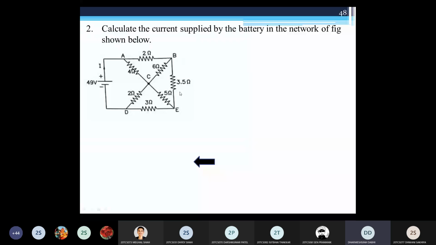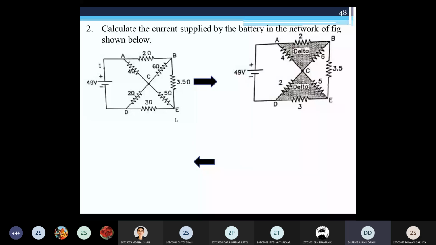Convert any one delta here into star and see how you can reduce this. So here I first convert these two deltas. One is ACB, that is one delta, into star, and then convert this CDE delta into star. Clear? So try it.